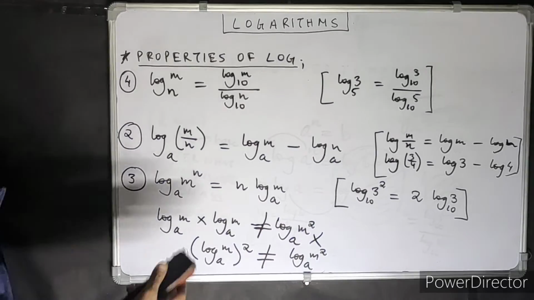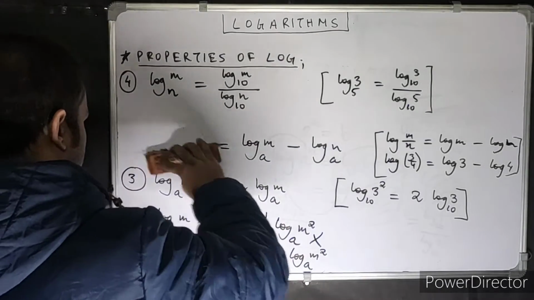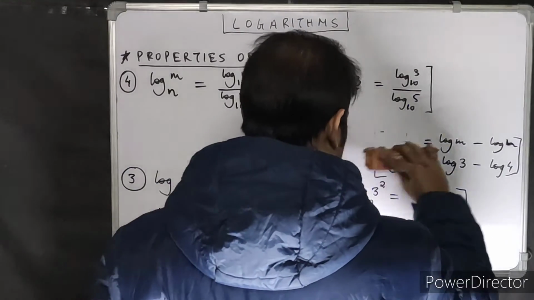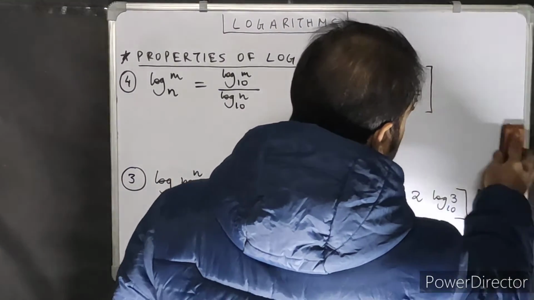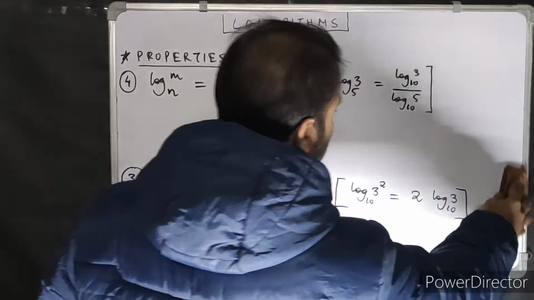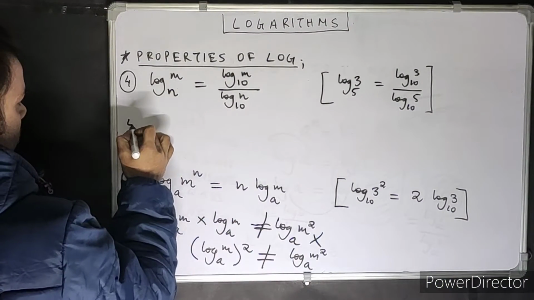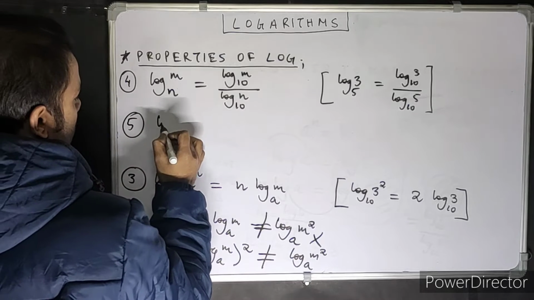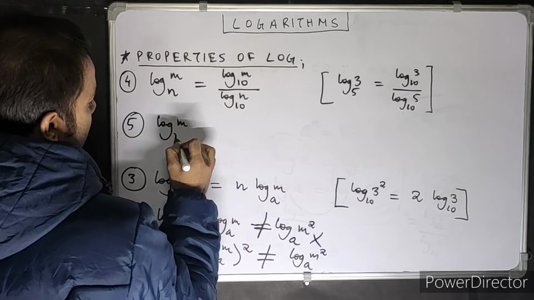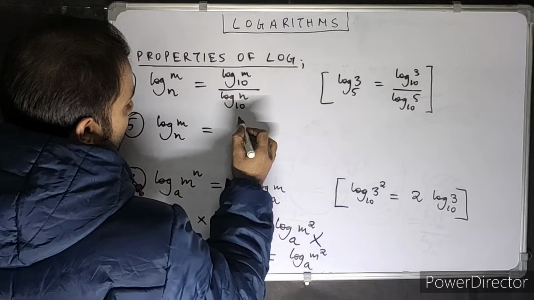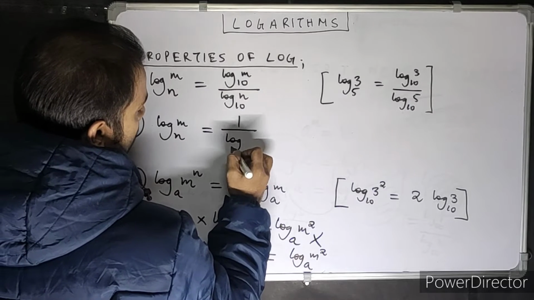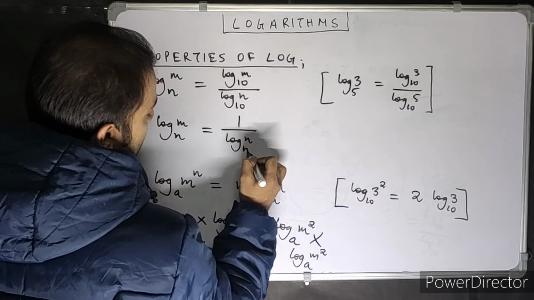Let's go on to the fifth one. Not many actually. 5, 6. One I'll include of my own also. Then again, log m base n can also be written as 1 by log n base m.